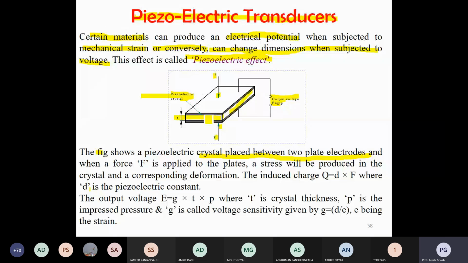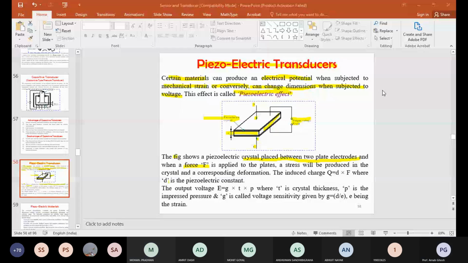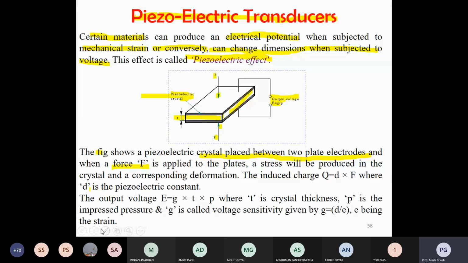When force F is applied to the plates, a stress will be produced in the crystal, with corresponding deformations.